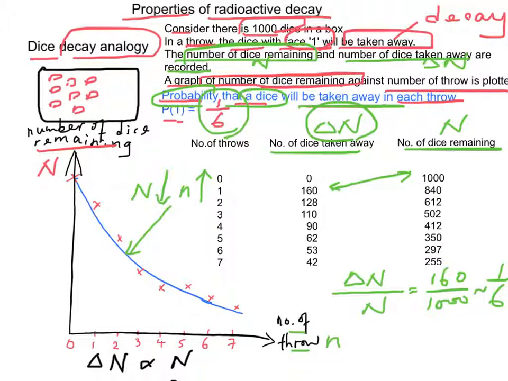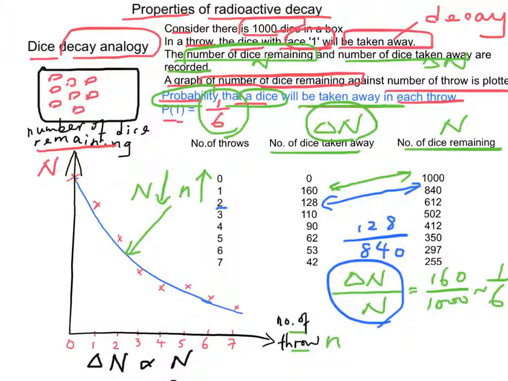By tracking the ratio of delta n over n for the next flow, we have delta n over n equal to 128 over 840, also approximately equal to 1/6. Simply speaking, we say the number of dice decays per each flow is directly proportional to the number of dice remaining.